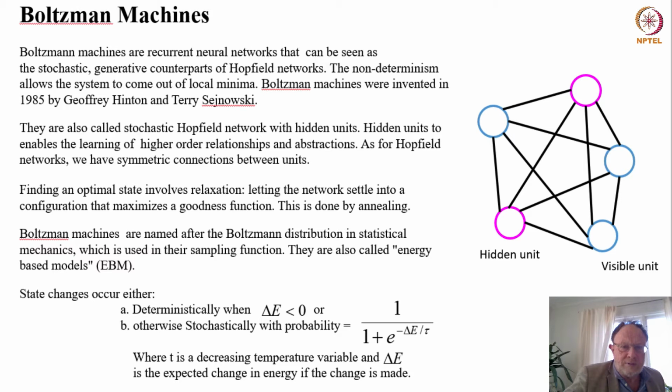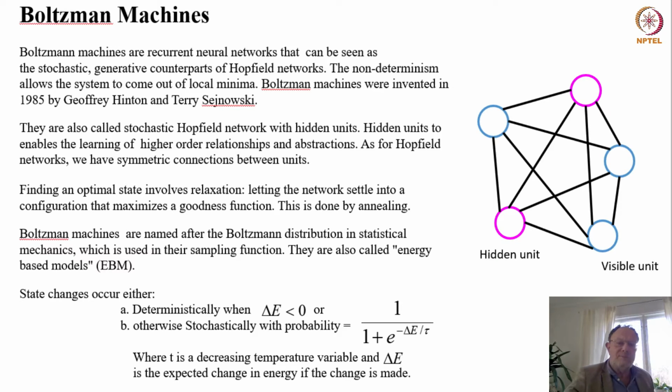So in the Boltzmann machine setup, we have introduced some kind of relaxation procedure where the system can potentially jump out of local minima. And this technique is called annealing, simulated annealing.